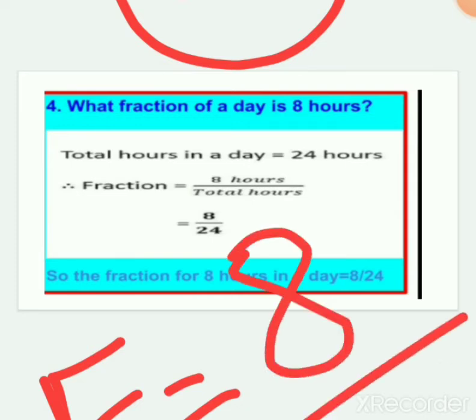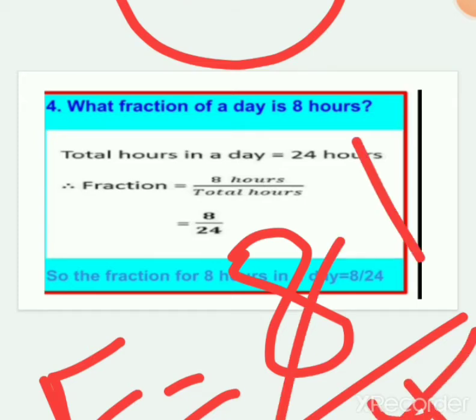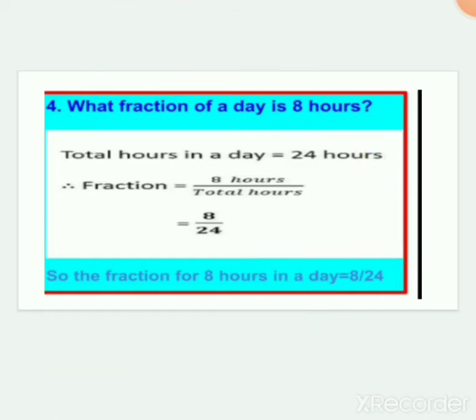And what is the total number of hours in one day? That is 24. 8 ones are 8, 8 threes are 24. Answer becomes 1 upon 3. Or you can write it as 8 by 24, but you can reduce it. So the fraction for 8 hours in a day is 8 by 24.